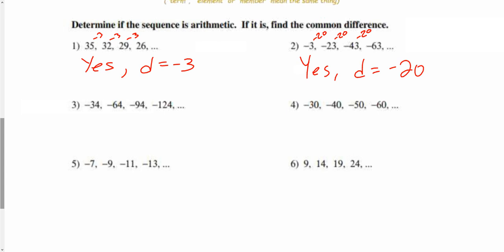Now, when you guys are finding this number, are you making sure it goes all the way through? Yeah. Okay, good. Don't just check the first 2, because at the next 2 it might change. That means it's not arithmetic. So yes, D equals negative 30. How about number 4? Okay, perfect. So D equals negative 10.